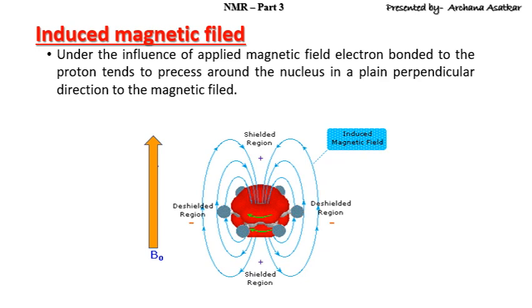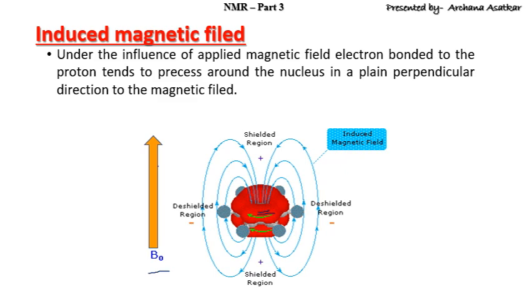Here we'll try to understand the induced magnetic field phenomenon and its direction. Under the influence of the applied magnetic field, electrons bonded to the proton tend to precess around the nucleus and produce their own induced magnetic field, and they try to oppose the external magnetic field. Here I'm taking the example of a benzene ring. These are the 6 protons associated with the benzene ring, and this red color is the electronic cloud.